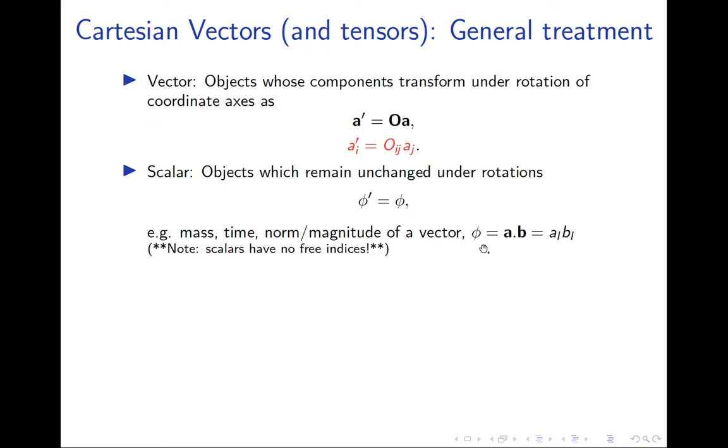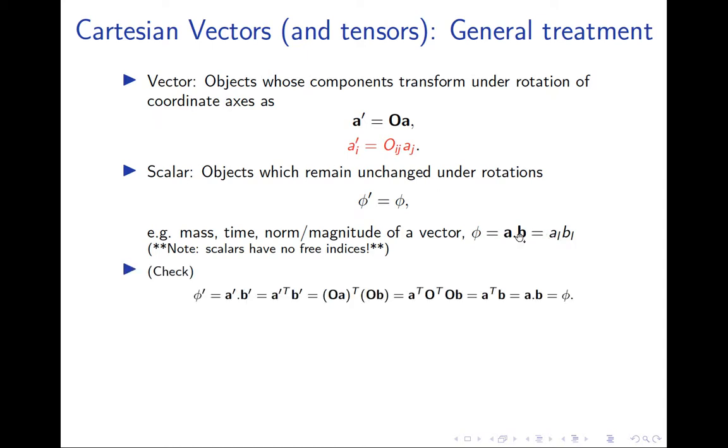You can also check that the dot product of two vectors is also a scalar quantity. And remember, the dot product in index notation is A_L B_L. A dot B in index notation is A_L B_L. L is summed over, it's a dummy index. Now we can check that this is indeed a scalar.